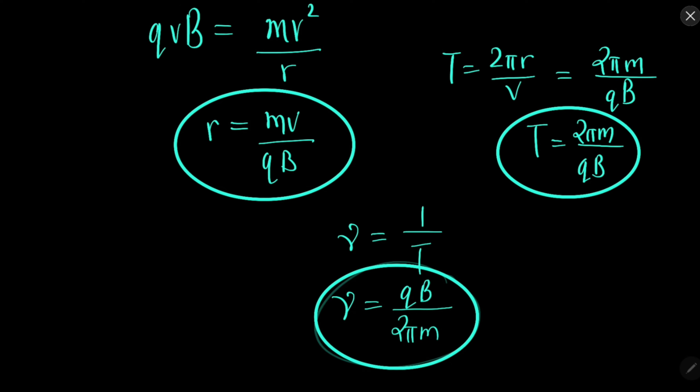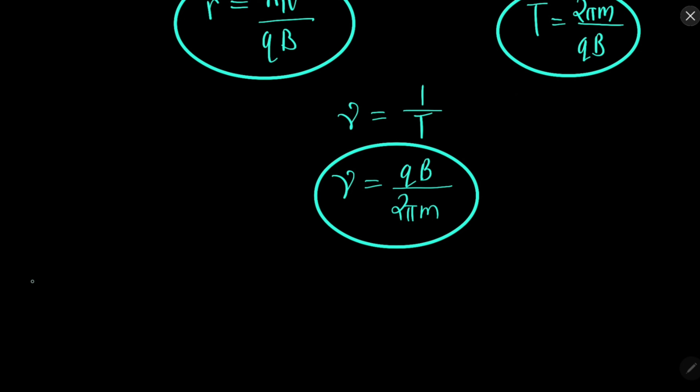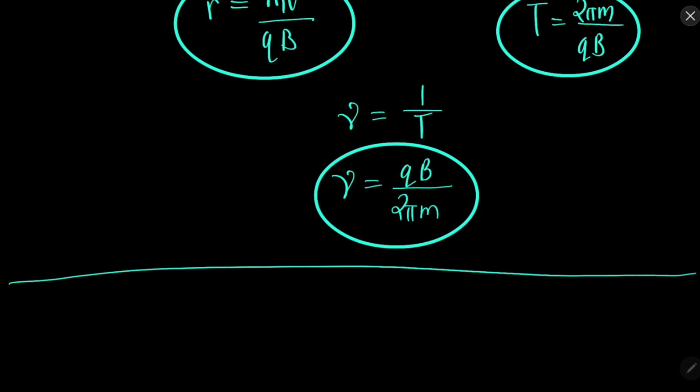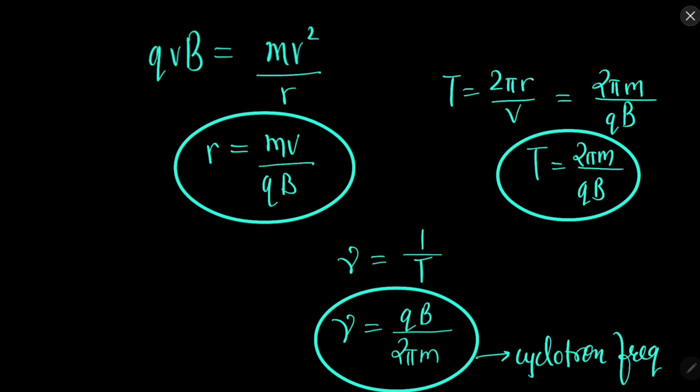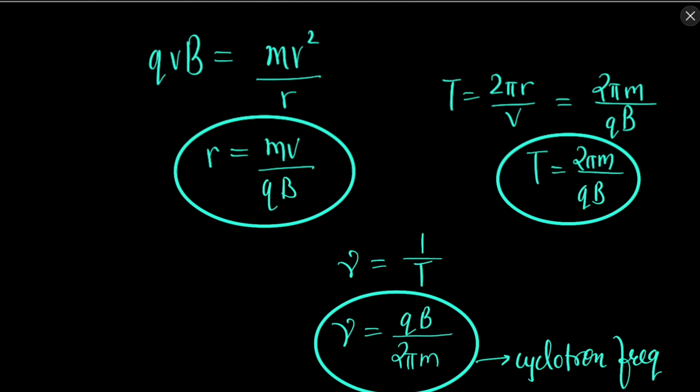This will be the frequency of oscillation of the electron. This frequency is also called the cyclotron frequency.